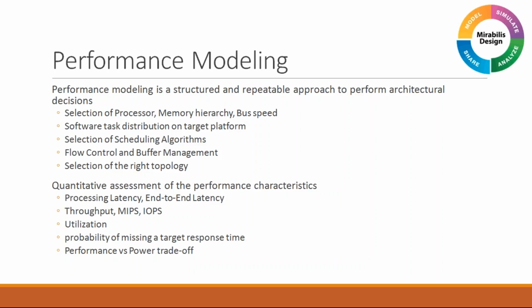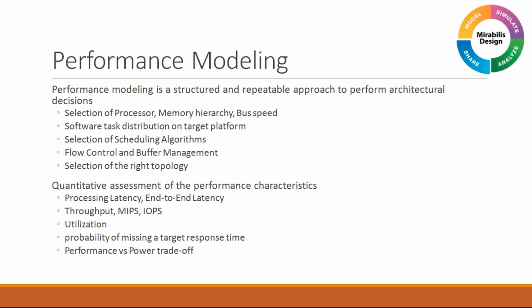And also if you have multiple processing resources, for example, a processor and an FPGA and an ASIC, how do you distribute your applications between these different processing resources to get maximum performance, or to meet your performance goals.